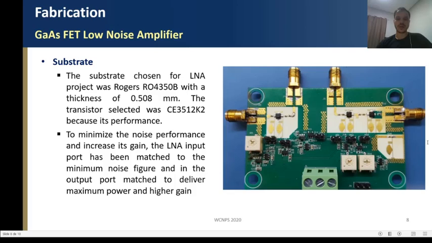The LNA characterization evaluates its performance through analysis of gain, noise figure, compression point, and input third-order intercept point. In this study, S parameters were measured in a vector network analyzer.